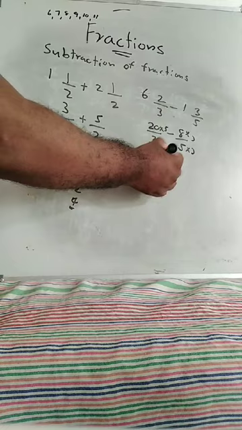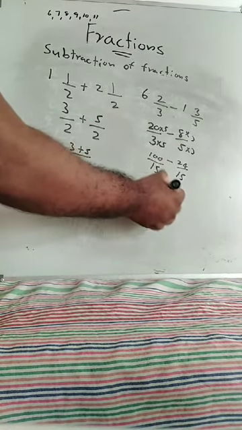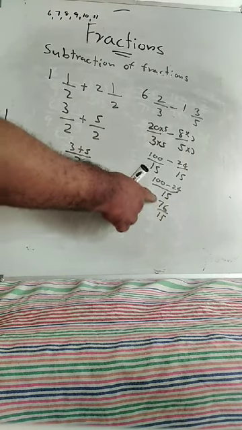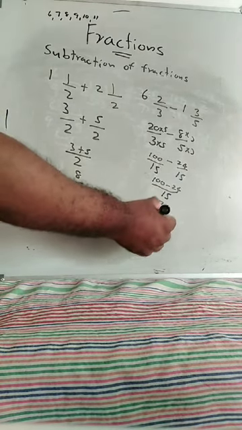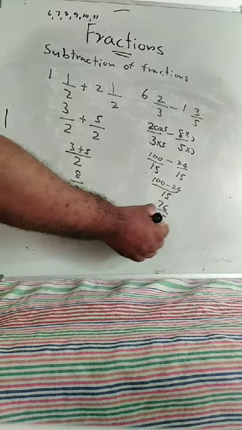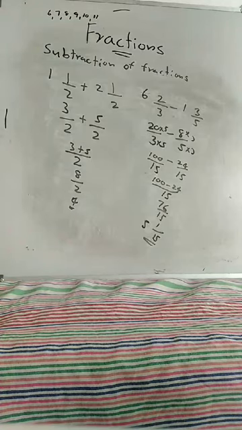Here 100 minus 24, over 15. When subtract, 100 minus 24, 76 upon 15. Now you can see this is an improper fraction. Now we'll convert this into a mixed number. Denominator 15. 75 is 5 times 15, no? 5, 1 upon 15. Understand? Right. I think you understand this.